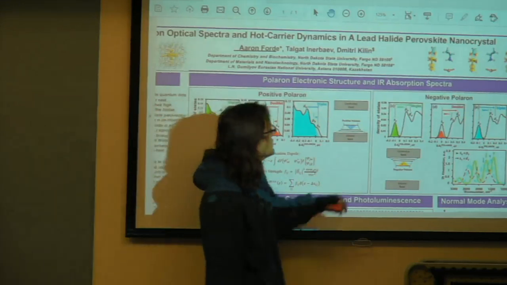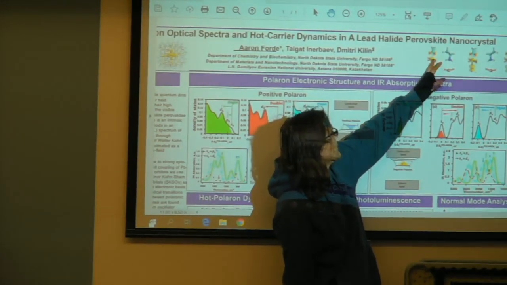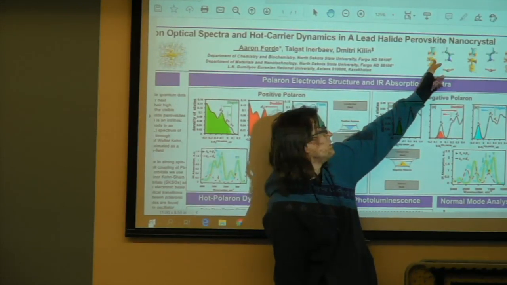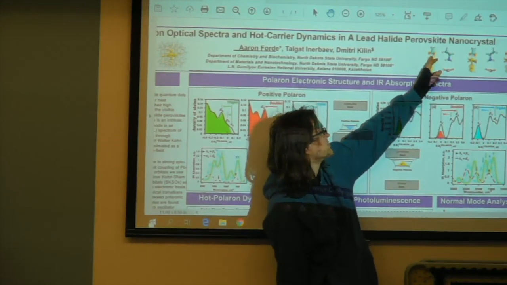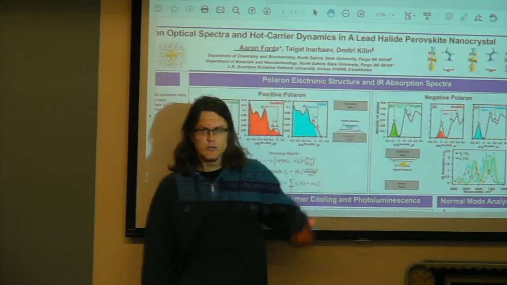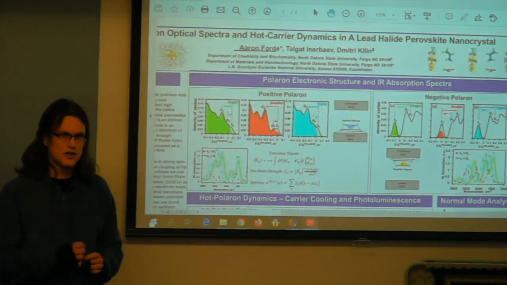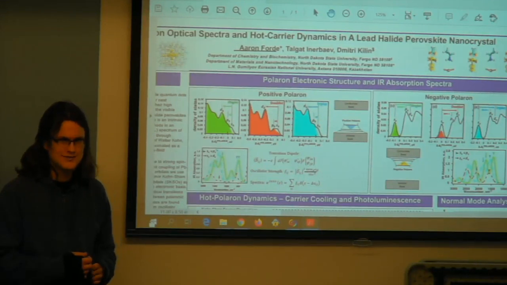Right, because when you put a hole here, it's not as big of an interaction, but when you add an electron, it's a p orbital from the lead that interacts with the ligand, and it just induces flocculation. That's a fancy word, I like it. Flocculation.